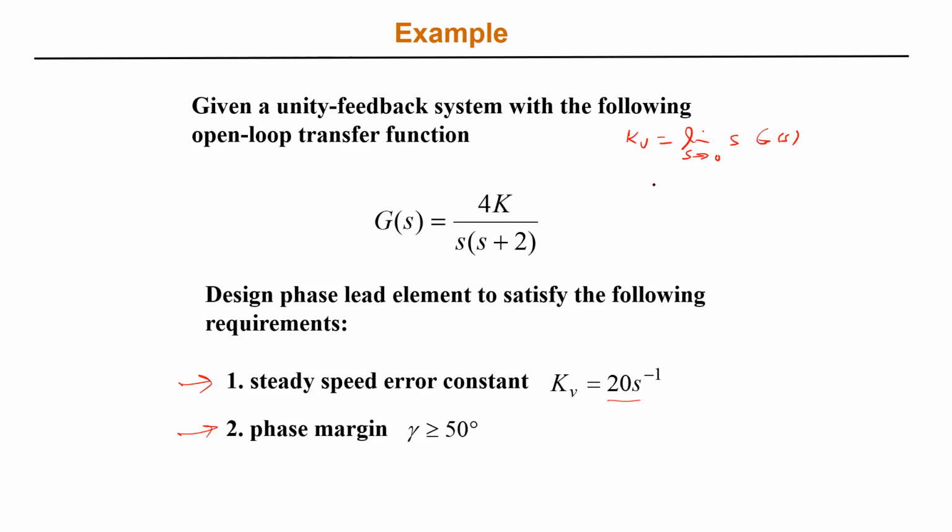So this is equal to the limit as s goes to 0 of s times 4K over s plus 2, which is equal to, the s will cancel with this s, and I will have 4K over 2, and this must be equal to 20.